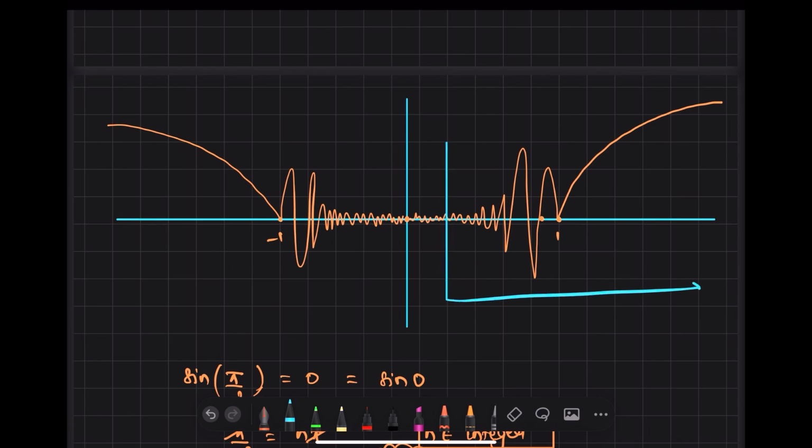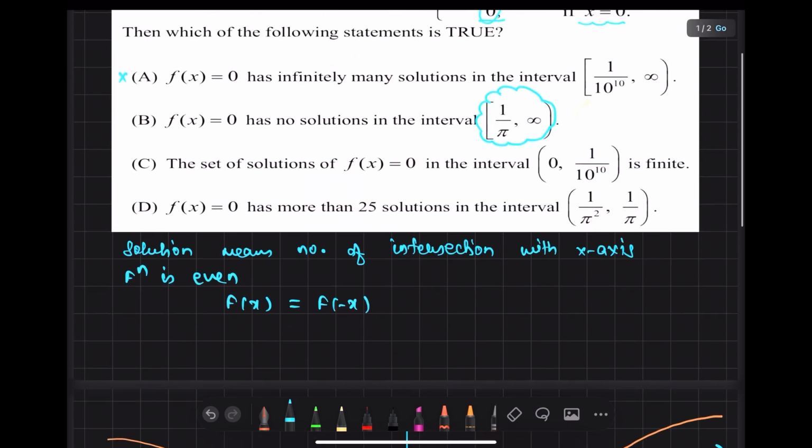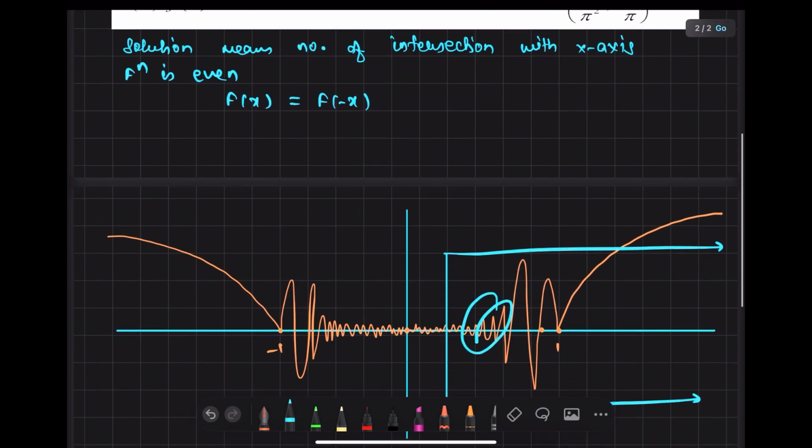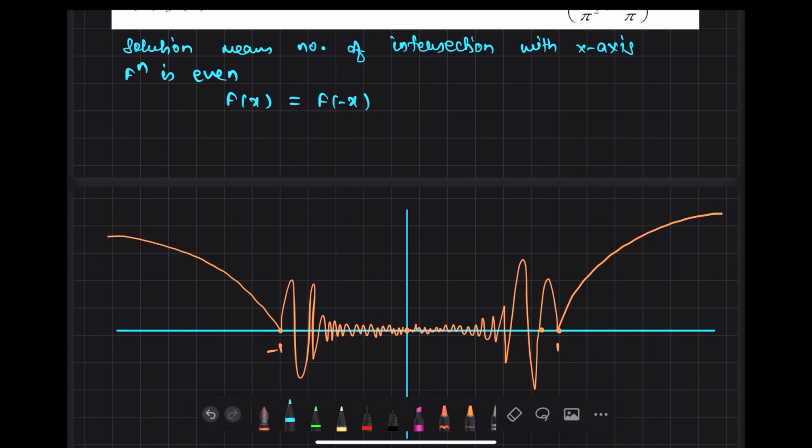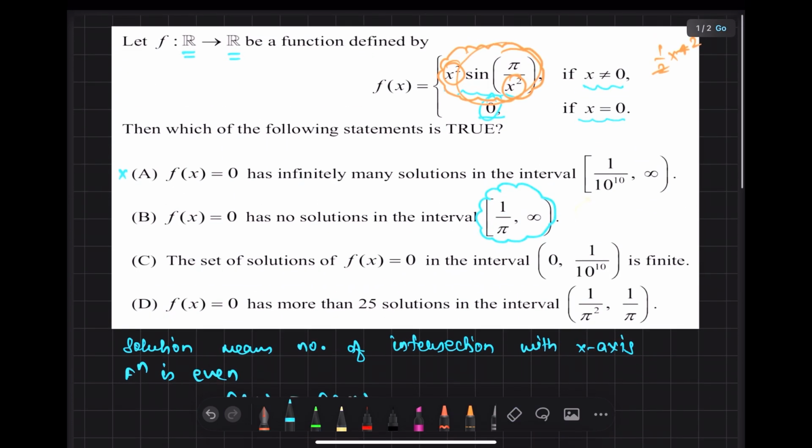From this to infinity, don't you think you have some solutions? You have so many solutions, correct? So this option again went wrong, because we have some solutions but they are saying we don't have any. This option is also wrong.